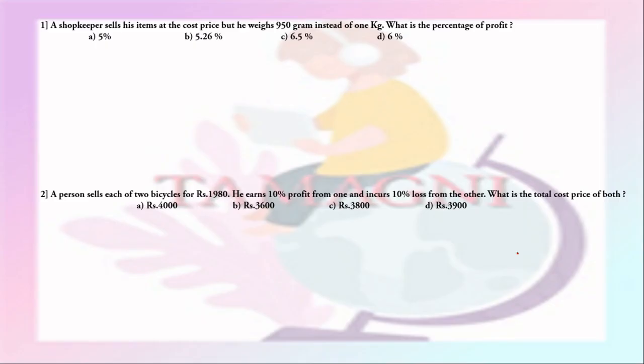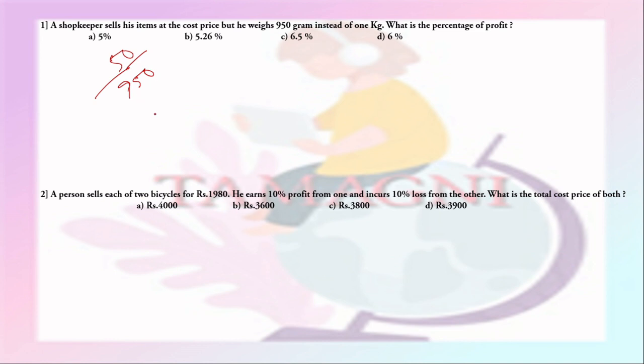First problem: a shopkeeper sells his items at the cost price, but he weighs 950 grams instead of 1 kg. What is the percentage of profit? Profit is actually 50 gram on selling 950 gram of rice.